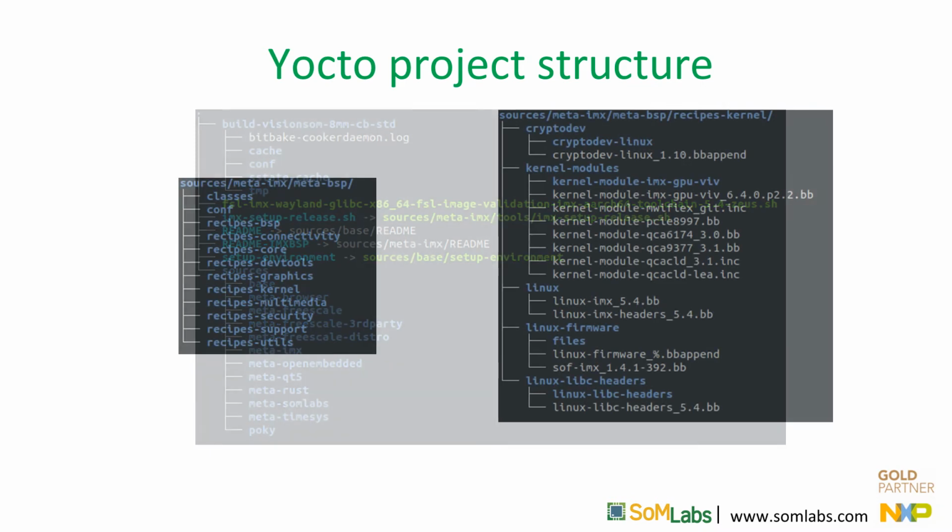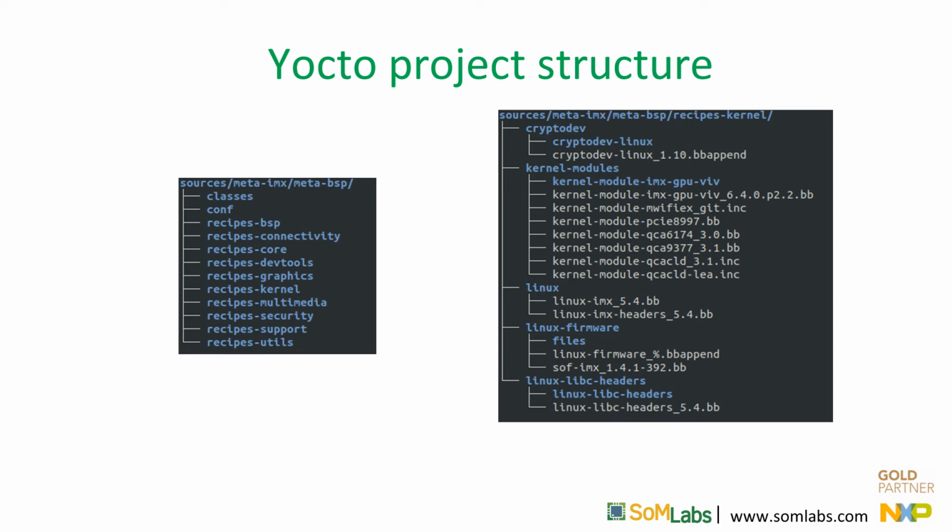It is located in the sources/meta-imx/meta-bsp/recipes-kernel/linux directory, and it contains two files with the extension .bb. These are the base recipe files for building.